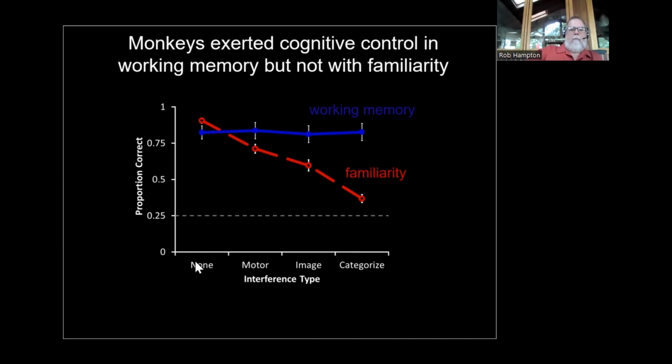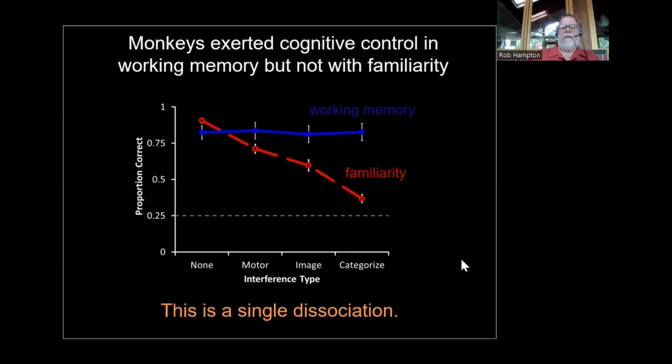No matter what they have to do during the delay interval, it has no effect on their accuracy, which remains very high. In the working memory condition, again, I'm sorry, this label is wrong. These are switched. The more cognitive load that they have to engage with during the delay period, the worse their performance becomes. So this is evidence that monkeys are exerting cognitive control in the working memory condition, but not in the familiarity condition, because when they have to do something else that's cognitively demanding, it hurts working memory, but not familiarity.